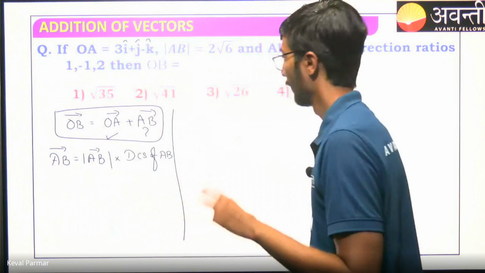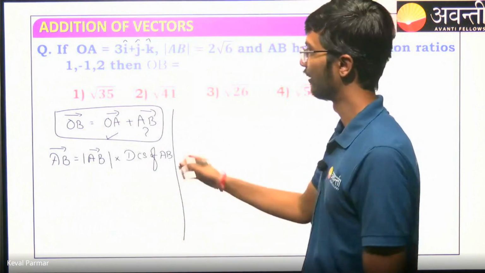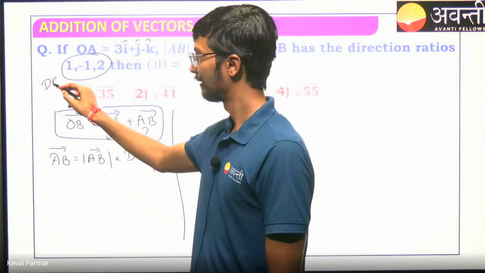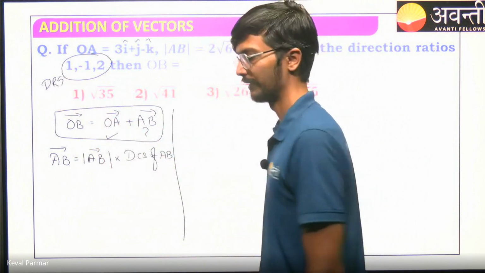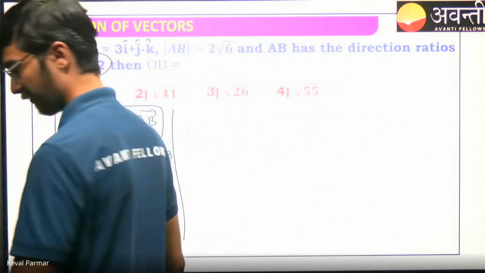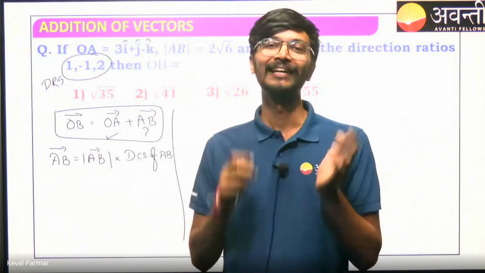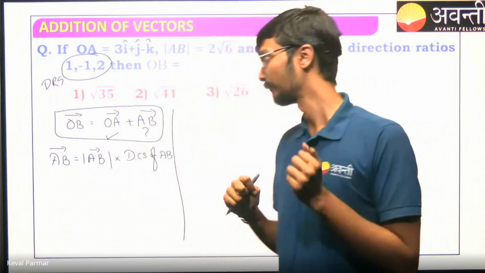Now we have been given the DRs of AB. We know what is meant by DRs. How to get DCs from DRs?